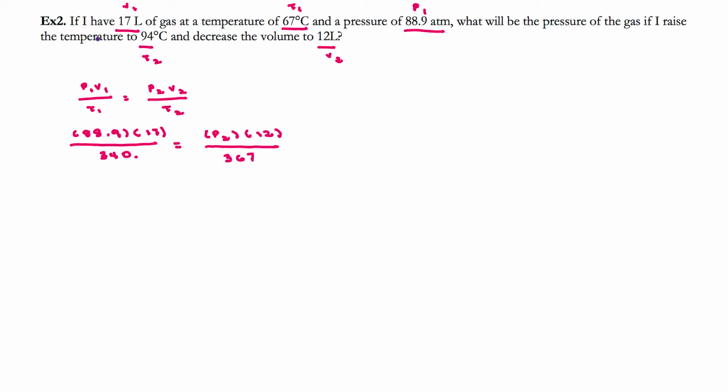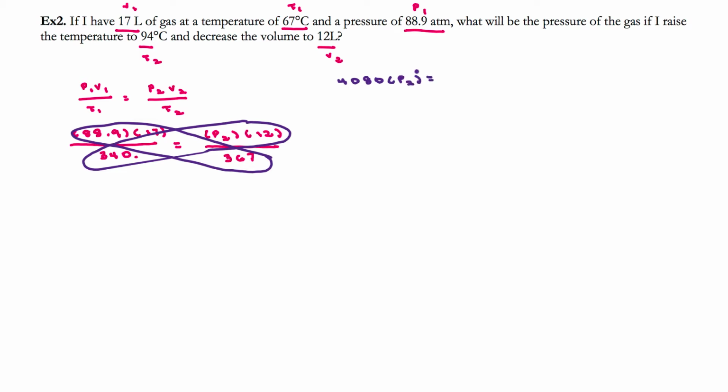So what I'm now going to do is cross multiply. 340 times 12 times P2 gives me 4,080 times P2.